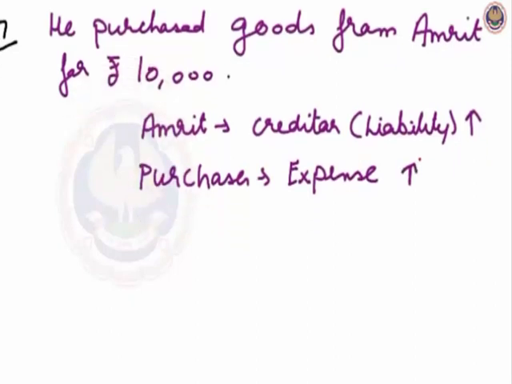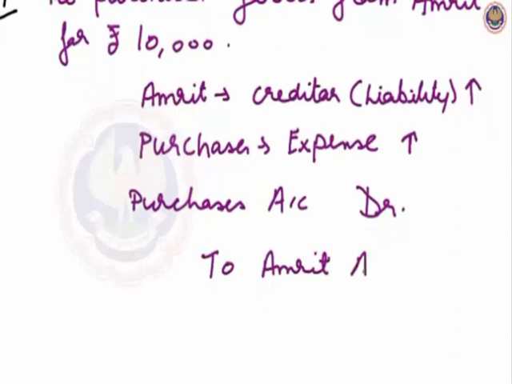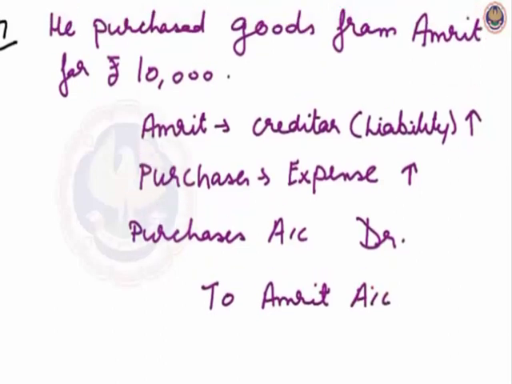So we know whenever expense increases, increase in expenses debited. So what we will do, purchases account debit to Amrit account, because Amrit is a liability for the business. Whenever there is increase in the liability, liability always is credit. So purchases account debit to Amrit account, amount is 10,000.